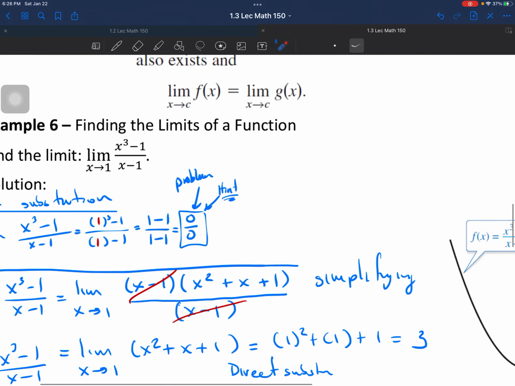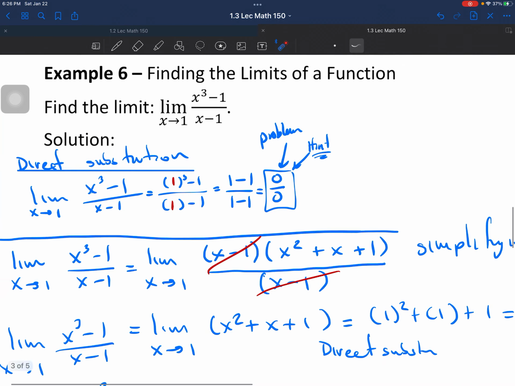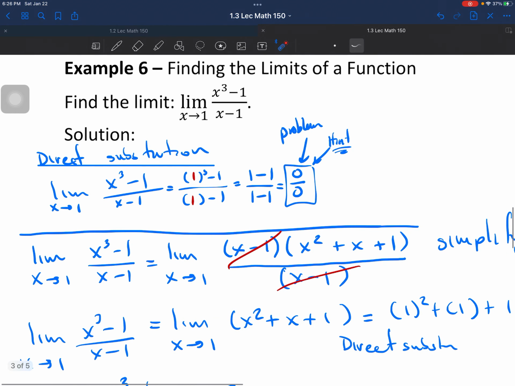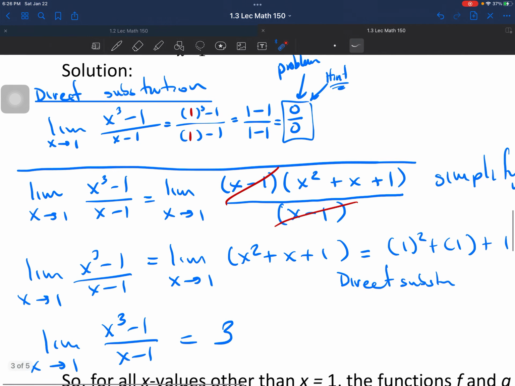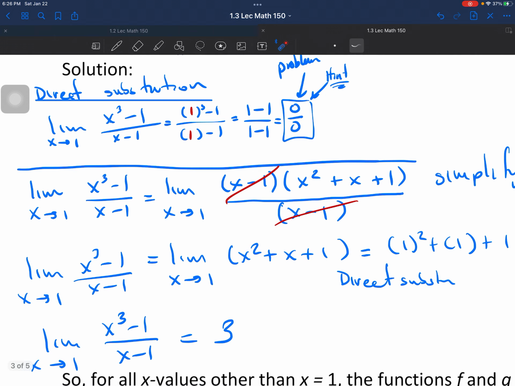Now, here's a cool hint for you guys. If you end up getting 0 over 0 when you plug in x equals 1, this means that the numerator and the denominator share a common factor. So it was actually very easy to know one of the factors of the numerator.